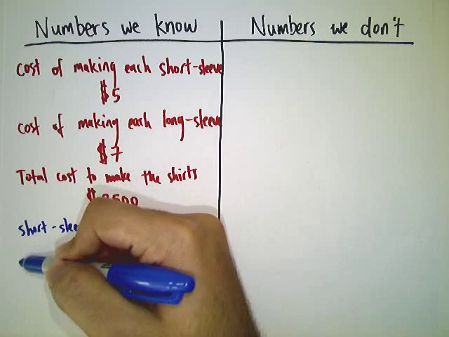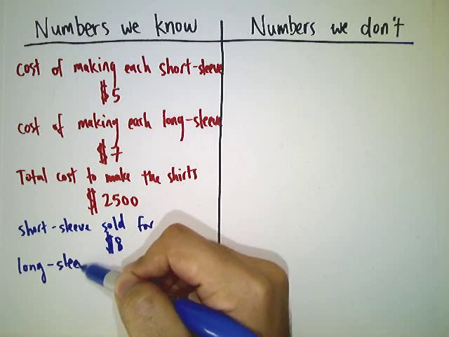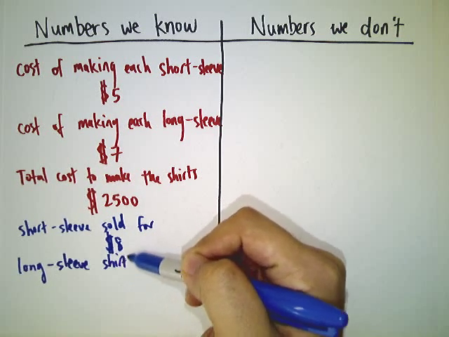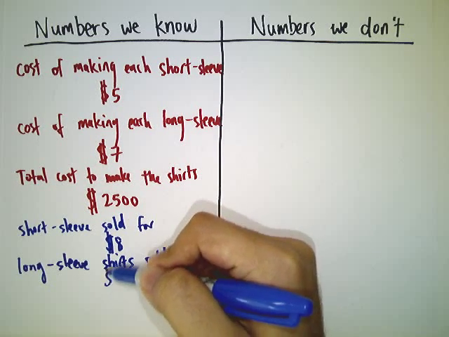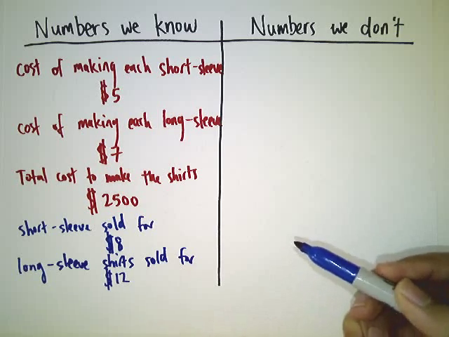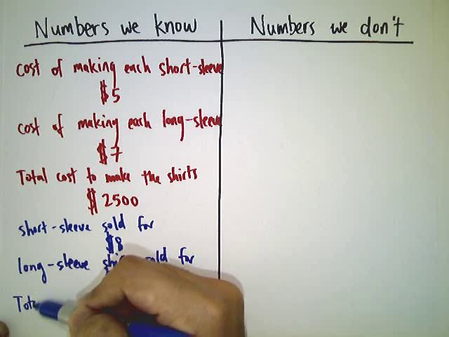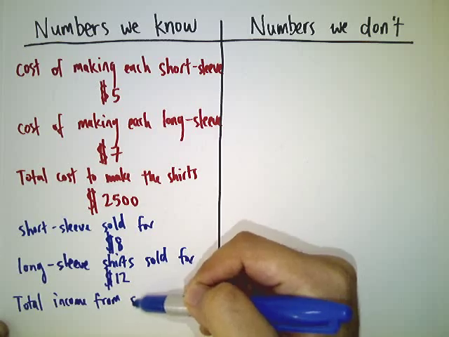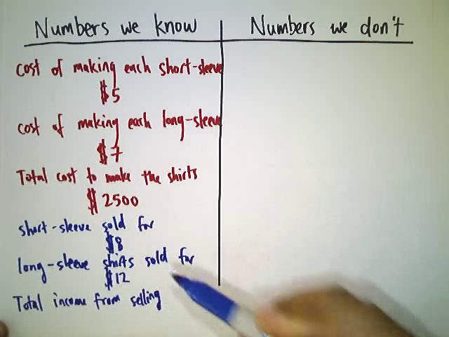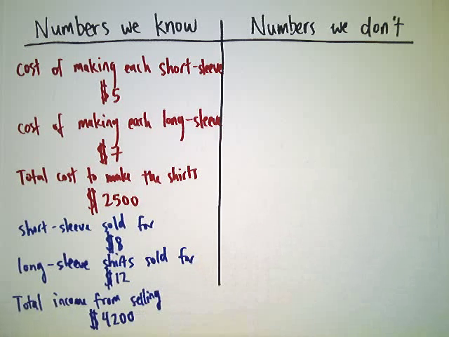Long sleeve shirts are sold for $12 each. And the total income from selling these shirts was $4,200. Okay, so that's the information we've been given.